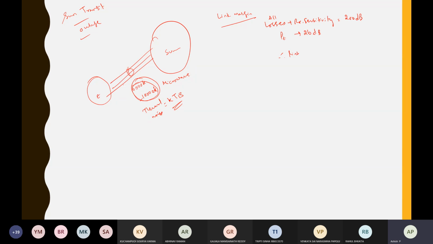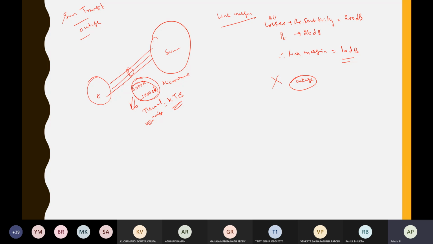Therefore, link margin is 10 dB. So 10 dB up and down you can tolerate, but if suddenly there is a 1000 dB or 500 dB variation, you cannot tolerate it, and it will go into the negative margin. So the link cannot perform as desired. So it will be an outage, like the communication is lost.